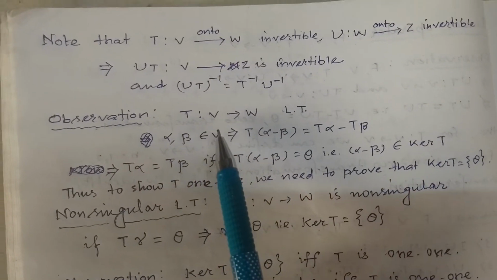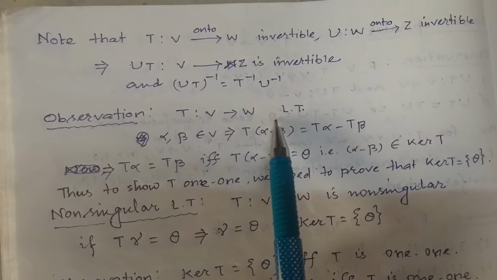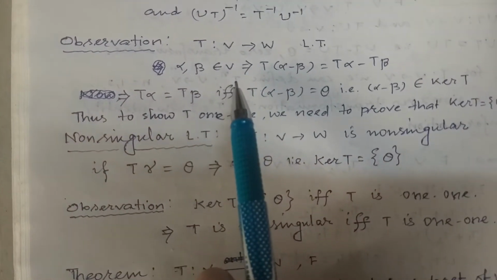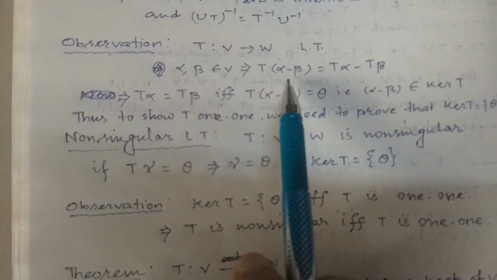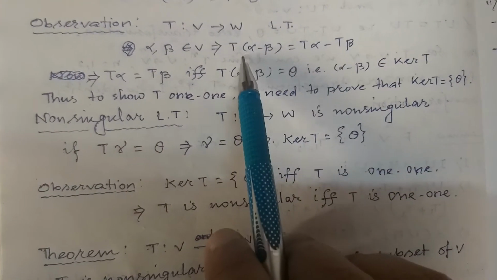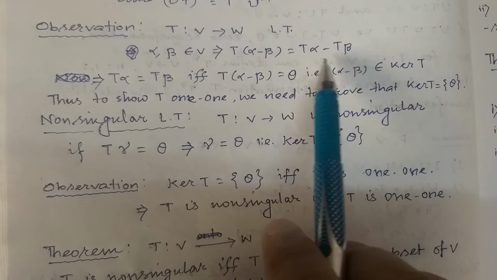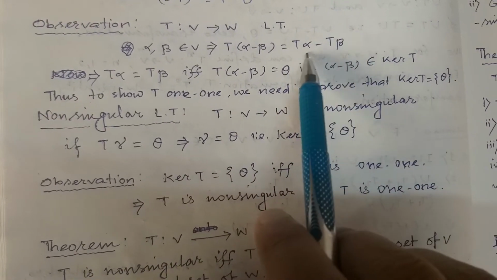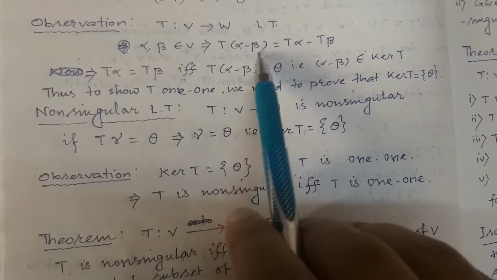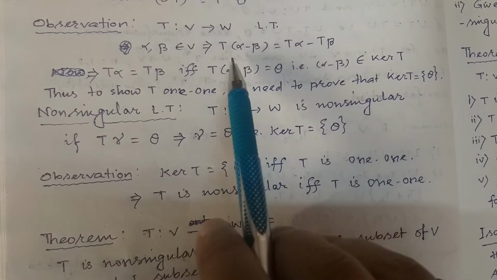Let T be a linear transformation from V to W, and alpha, beta are two arbitrary elements in V. Then T of alpha minus beta equals T alpha minus T beta, it holds because T is a linear transformation. So T alpha minus T beta equal to theta, that means T alpha equals T beta, if this quantity is theta.